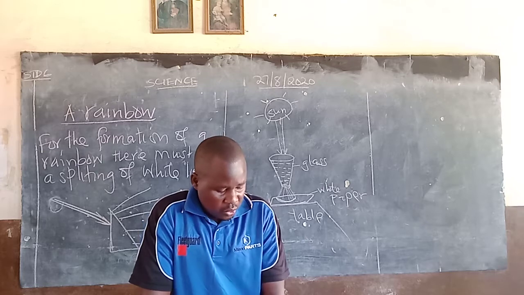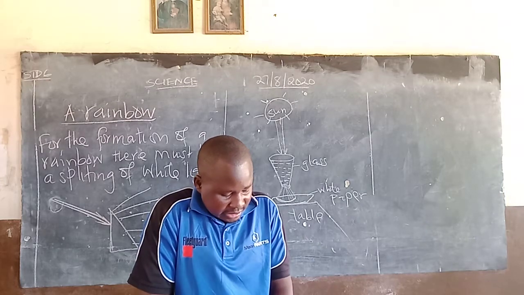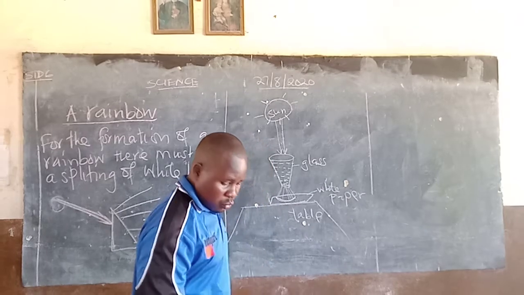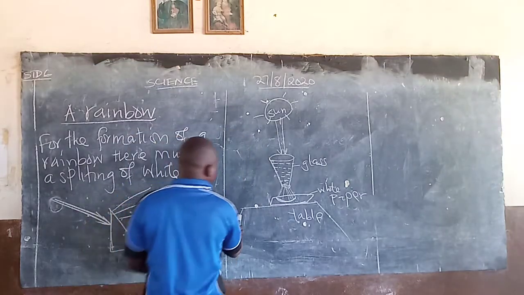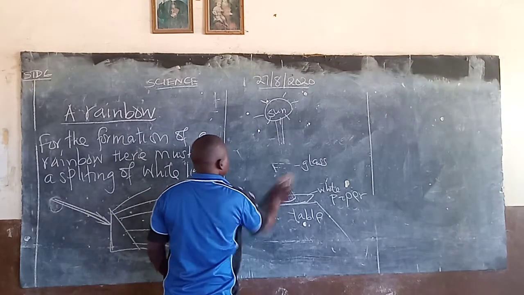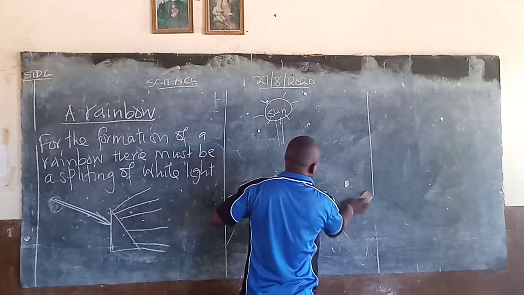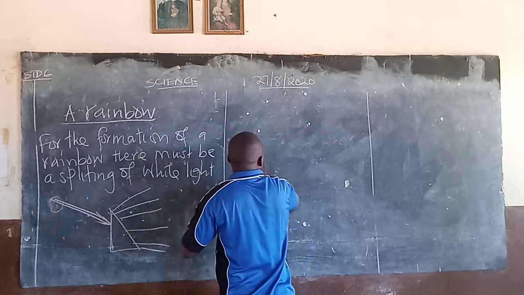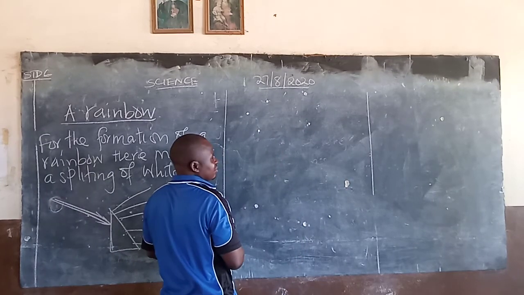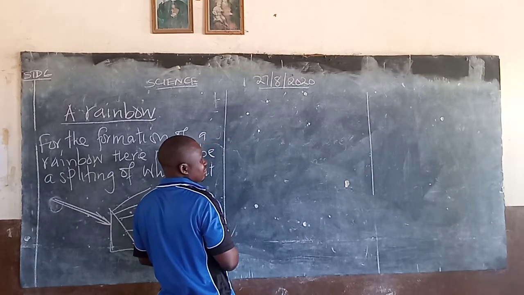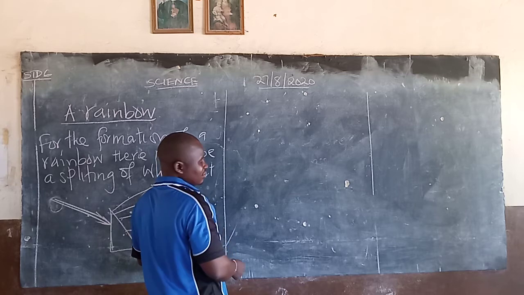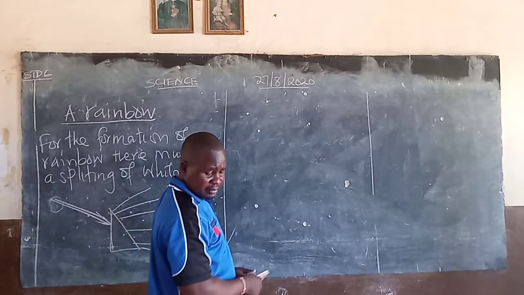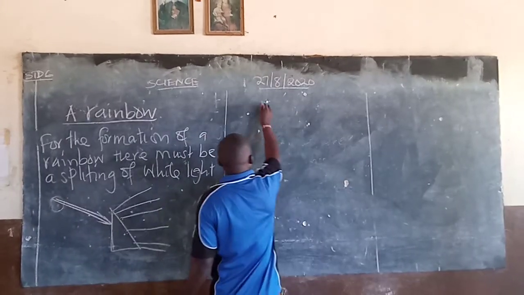Now for this, the setup, for example, you can have our setup here. For example, we have our sun here.